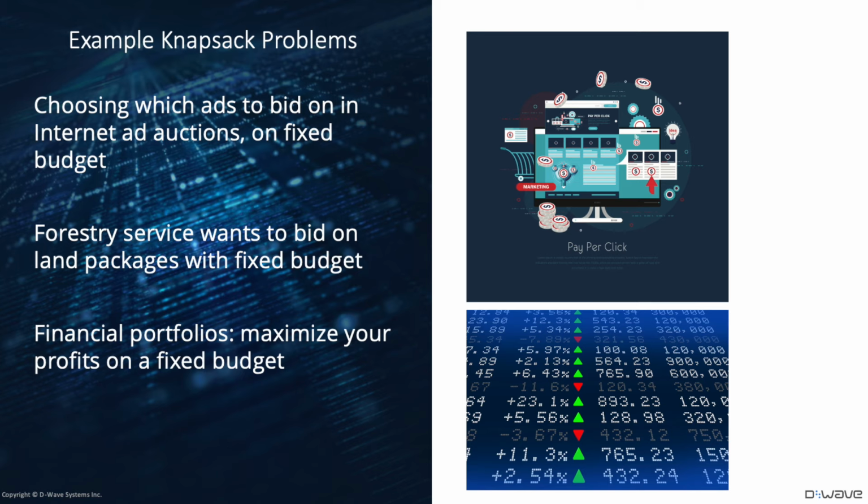The Forestry Service has a certain number of land packages it wants to buy with a fixed budget. Actually the limit is the budget, but you also want to maximize the best land you can buy. Or even just financial portfolios. You have a fixed budget. How much value can I get out of this portfolio?